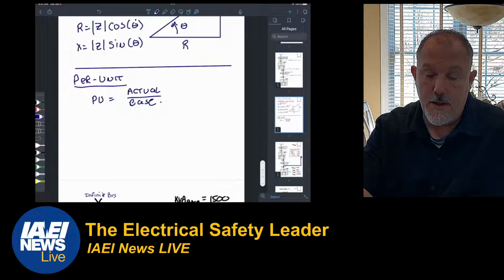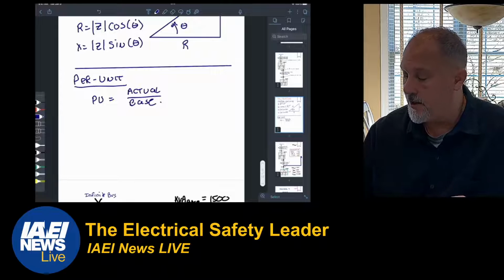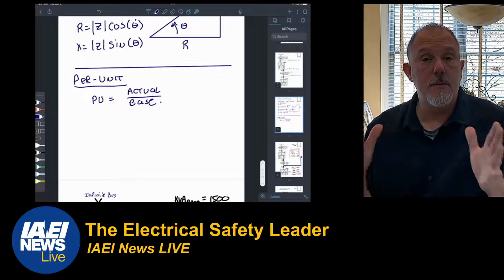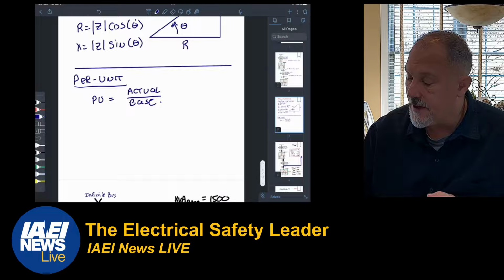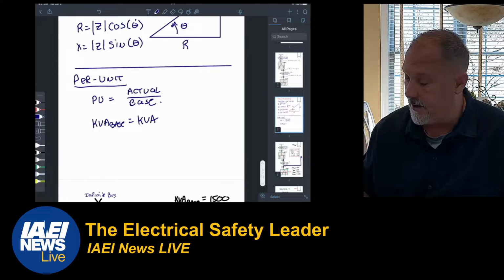So the other thing we need to find is what? So let's do this. You assume a kVA base, right? So you have to establish a kVA base, and you can pick that value.